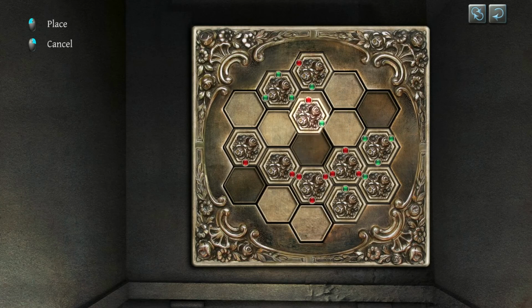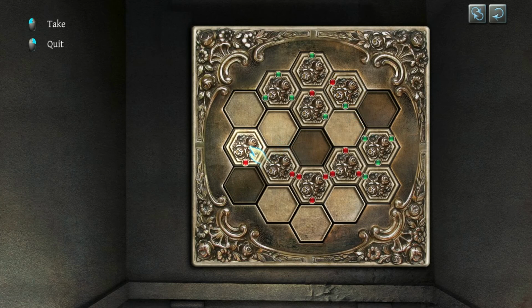Well, I guess we can't put this on here because there's the green on the... I'm almost certain that you have to connect these colors. No, that won't work. We can't... No, it doesn't work like that.